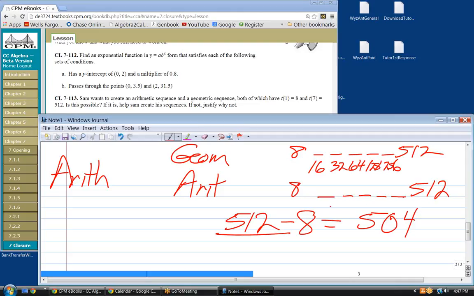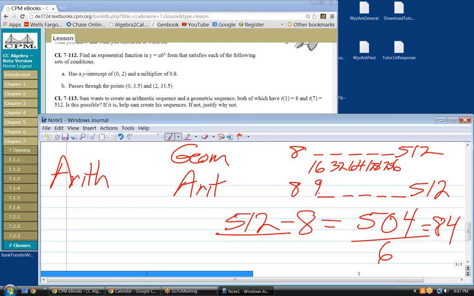Because whatever common difference I come up with, 6 of them added onto 8 have to equal 512. So I subtracted 8 from 512 to get 504. Then if I divide 504 by 6, I get 84. Which means 84 is my common difference.